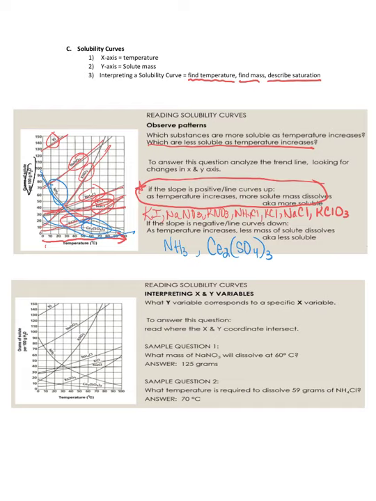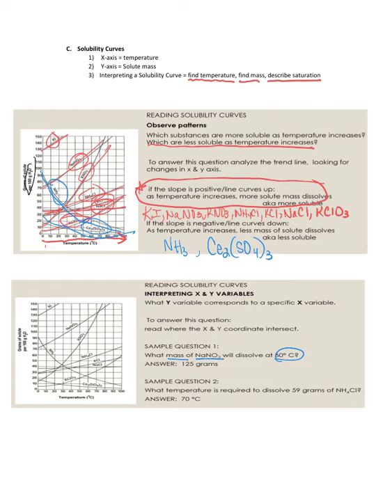All right, the next question is interpreting our x and y variables. It says what y variable corresponds to a specific x. So this is just reading a graph. Where do they intersect? Sample question 1, and I know we have the answers here, but I just wanted to practice with you. It says what mass at 60 degrees Celsius, and it's for sodium nitrate.